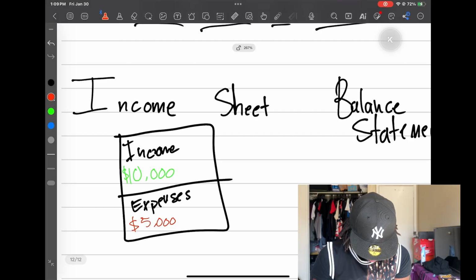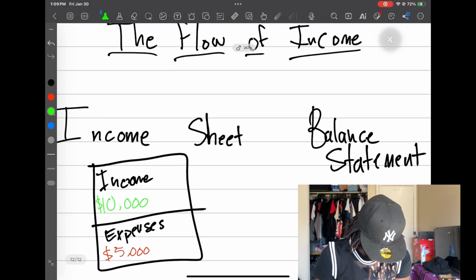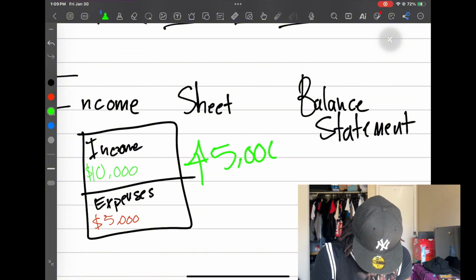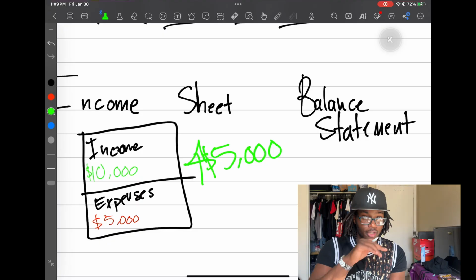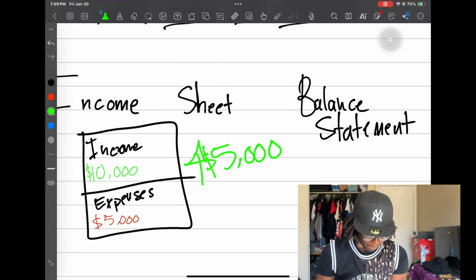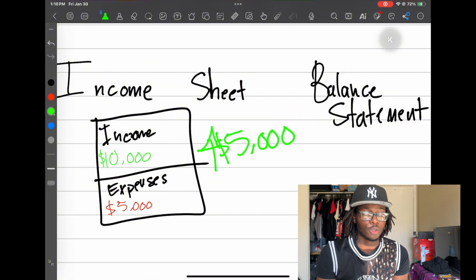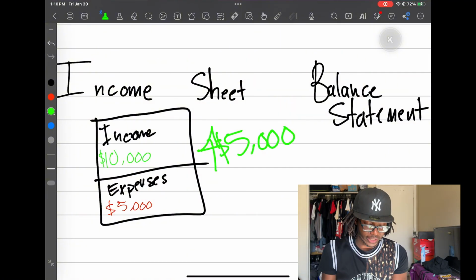So your income sheet now is up $5,000. That's a positive income sheet, and that's good. That's where you want to be at. Income sheet is going up. You have more income than your expenses. That's how you build wealth, is having more income than your expenses.